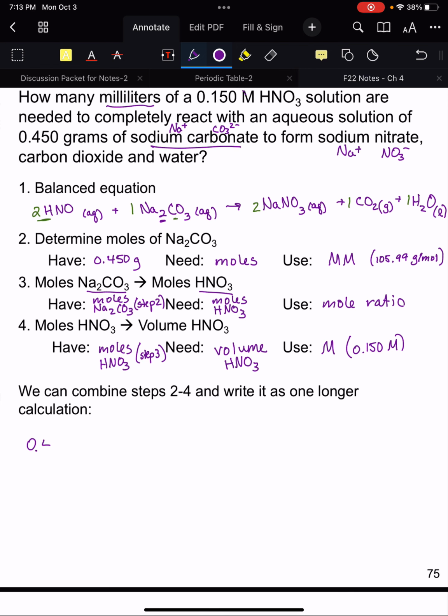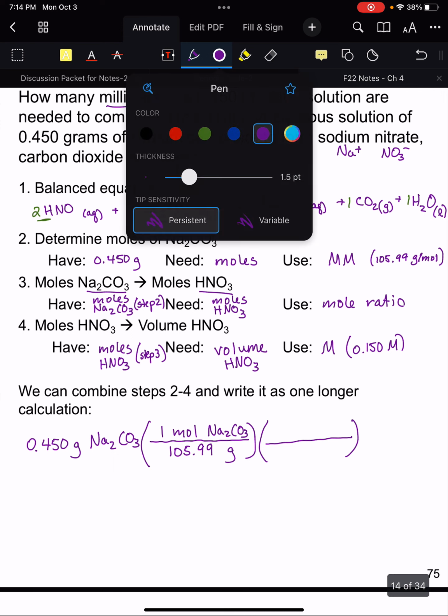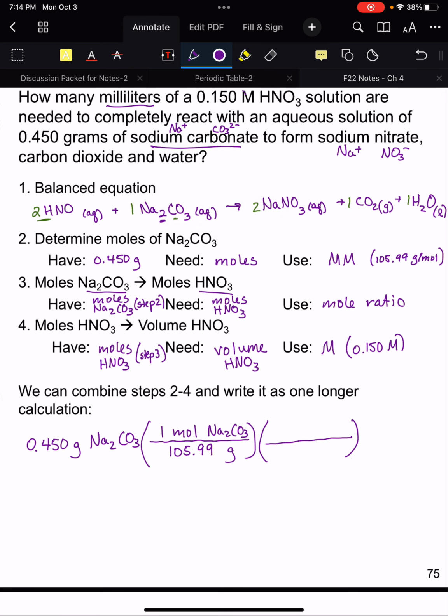So we start with our 0.450 grams of the sodium carbonate. Now we're going to do step 2, which is we're going to use the molar mass of sodium carbonate to get the moles. Now we're going to do step 3. We're going to go from moles of sodium carbonate to moles of nitric acid using the mole ratio: 2 moles of HNO3 for every 1 mole of sodium carbonate.